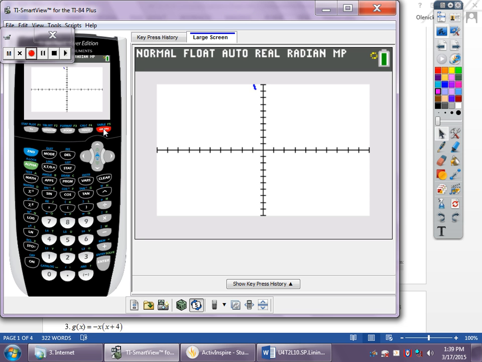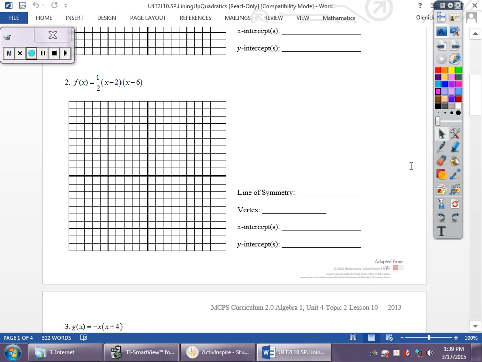It's a little bit slow, sorry. Okay, and then again I see my significant points. I'm going to go ahead and mark those significant points. I didn't call them out on that last one, but they are 2, 6. My vertex is going to be 4, negative 2. And my y-intercept, I need to look at my graph one more time.